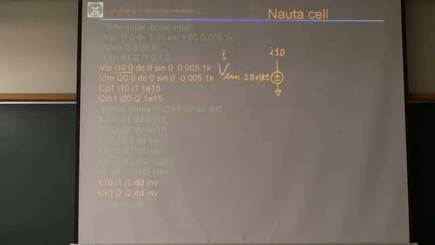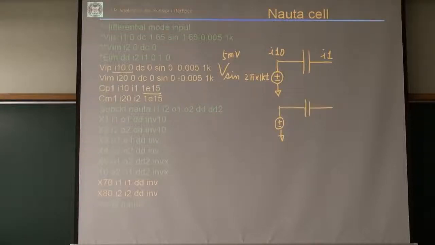Amplitude is just 5 millivolts, right? And then I used a huge coupling capacitor in the I1, and the same thing here, but with a different polarity. I2, yeah, this should be IP and IM.